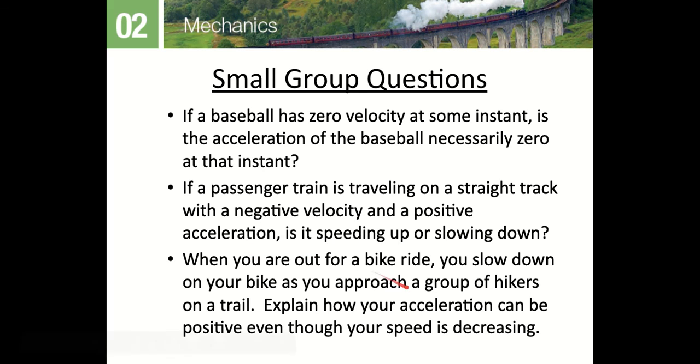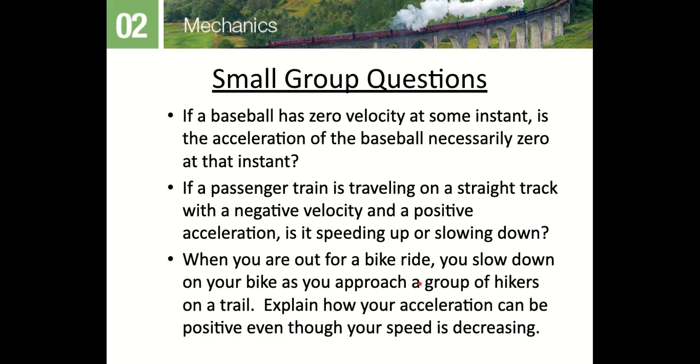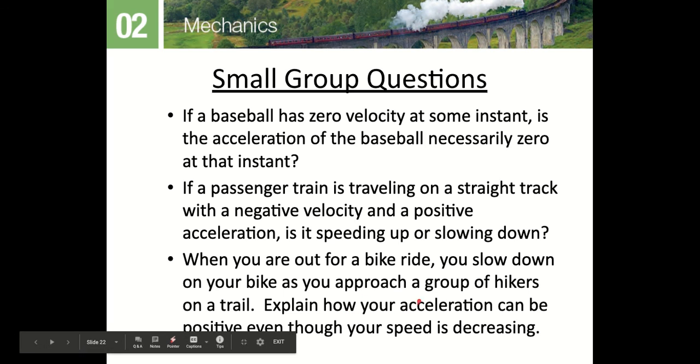When you're out for a bike ride, you slow down on your bike as you approach a group of hikers on a trail. Explain how your acceleration can be positive even though your speed is decreasing. This one's a little harder to think about, and not having you in class, we'll probably have to talk about this. But the idea is, if I'm slowing my bike down, what if I want my acceleration to be negative?